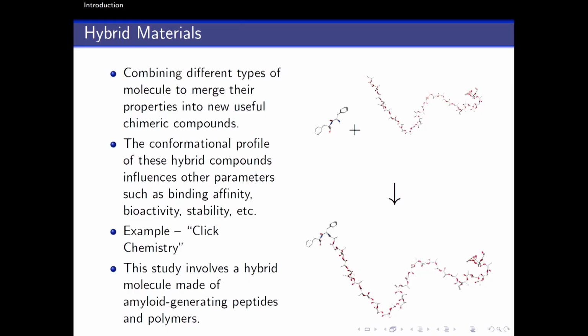The study of hybrid materials is quite a heavily researched area in the last few years. It's what happens when we combine different types of molecules to generate a new kind of chimeric compound that has the properties not only of its original components, but also some new and interesting properties.